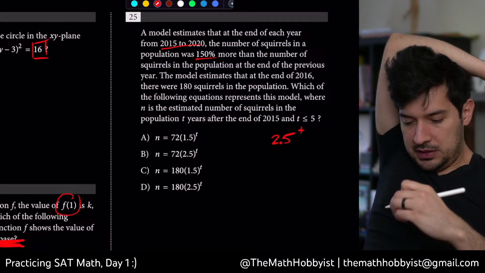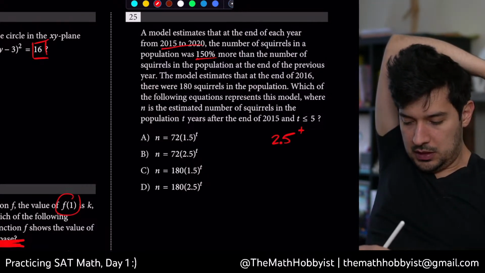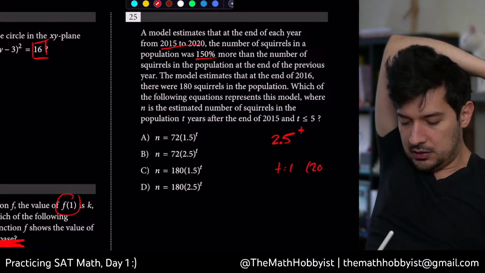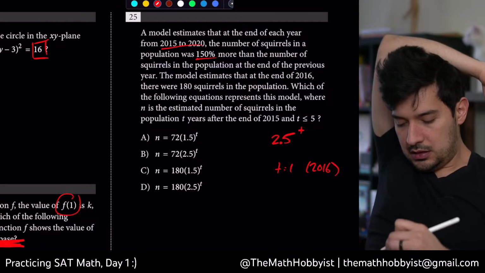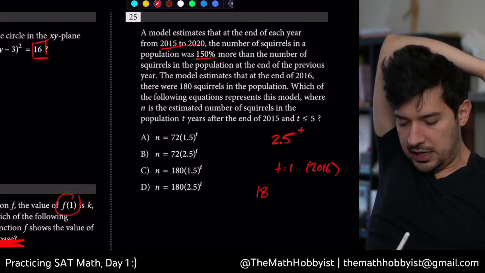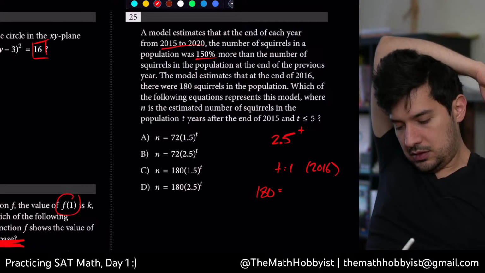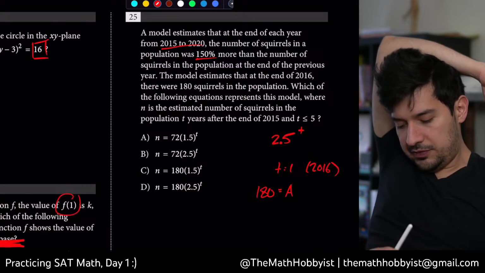At the end of 2016, i.e. when t is 1, that's the year 2016, then there were 180 squirrels. So whatever the initial amount was times 2.5.